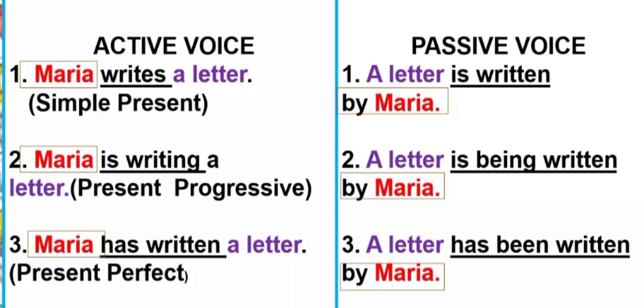The change only took place in the verb. So you see, that's how it works. "Has written" now became "has been written" because "written" should be in the past participle for the passive voice. I hope you understand. It's very easy. So I have a lot of examples for you to understand.